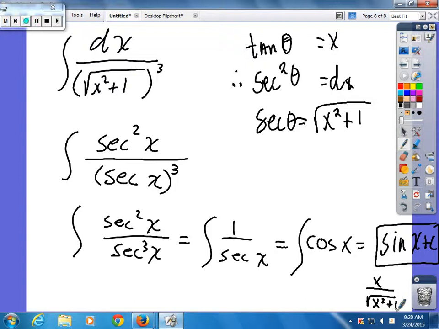You could rewrite that by rationalizing the denominator, which would be a mess, but I don't know what they want, so let me see what the answer is in my notes. Yeah, that's it. x over the square root of x squared plus 1, plus C.